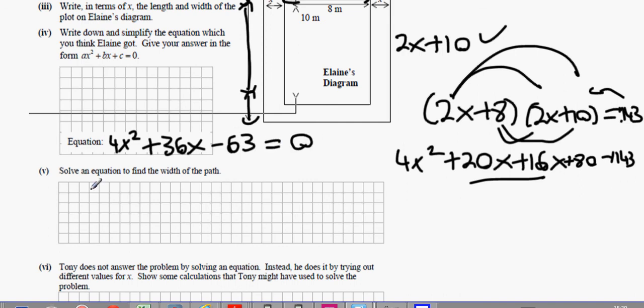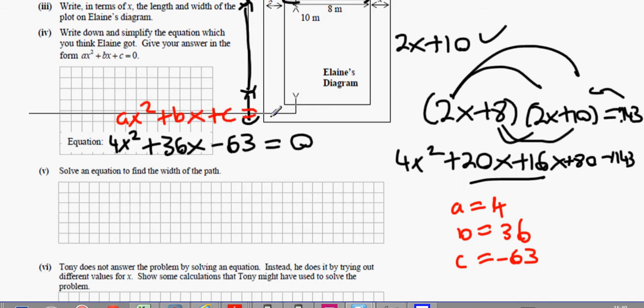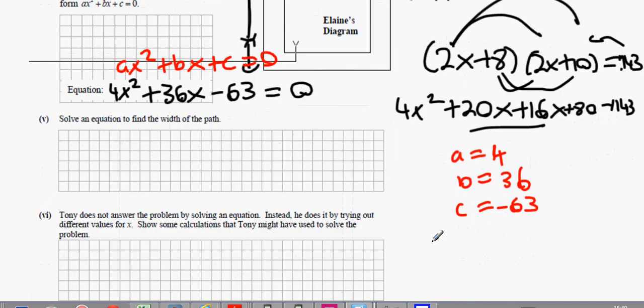Solve the equation to find the width of the path. Well, to solve this equation, what we can do is use the quadratic formula if we want. So we can say that a equals 4, b equals 36, c equals minus 63. That's what you get when you match up this equation here with the formula. And then what we get is minus b plus or minus the square root of b squared minus 4ac, all over 2a.